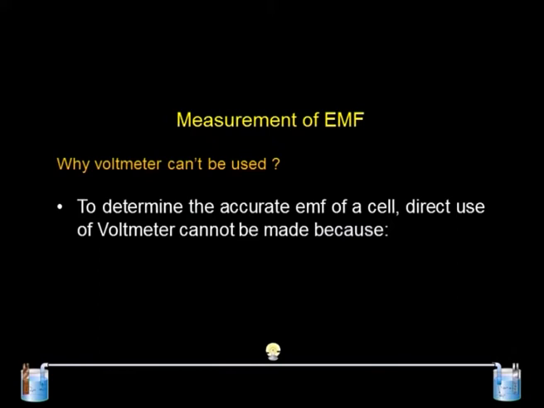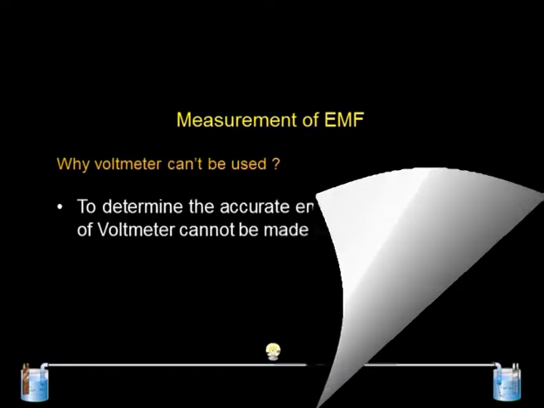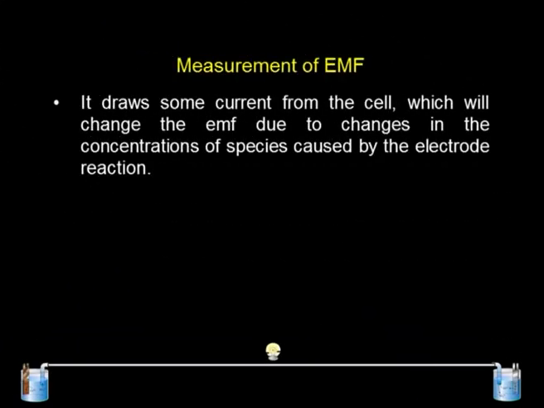To determine the accurate EMF of a cell, direct use of a voltmeter cannot be made because it draws some current from the cell, which changes the EMF due to changes in the concentration of species caused by the electrode reaction.